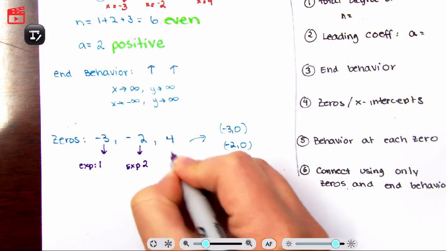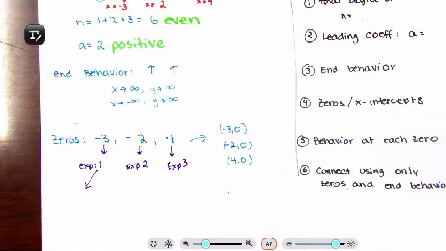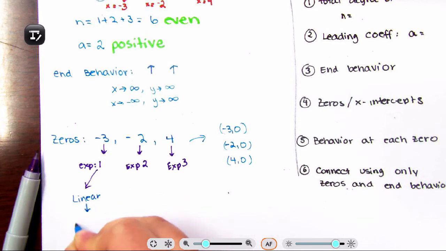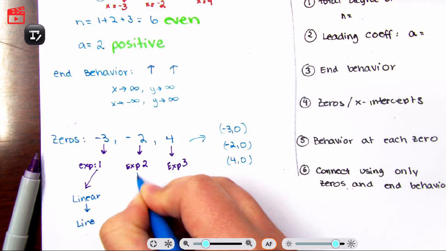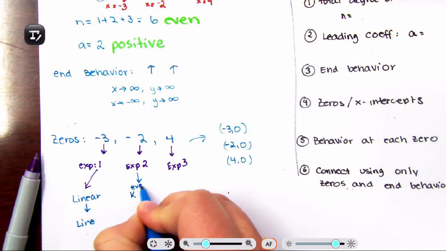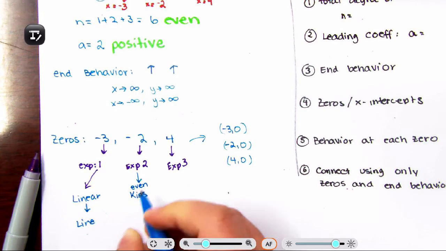For an exponent of 1, we have something that is linear, which means we're going to have a line. For an exponent of 2, that means it's an even bubble, which means we're going to kiss. We're not going to cross it. It's going to be just like a parabola.